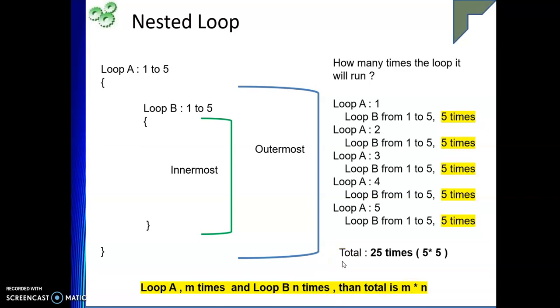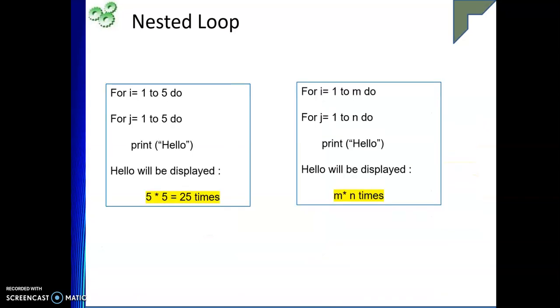Let us move one step further and see an example of a nested loop in algorithm form. If I write for i equal to 1 to 5 do, and for j equal to 1 to 5 do, print hello, then hello will be displayed how many times? 5 into 5 equal to 25 times, right?